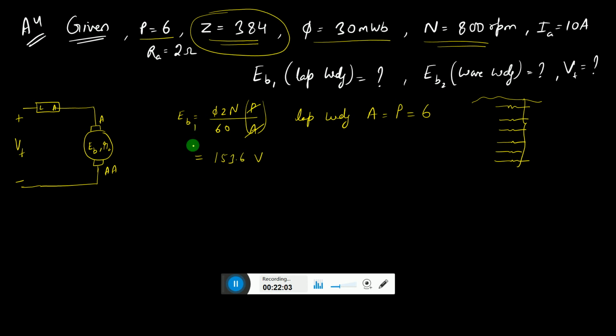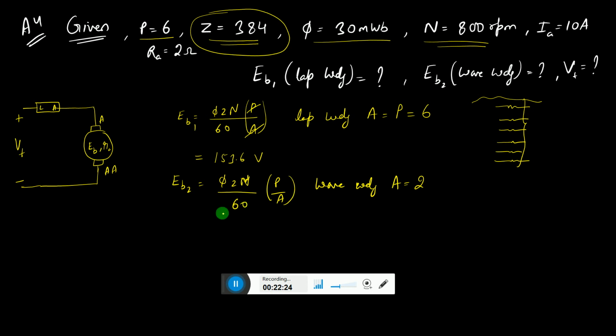Now Eb2 is given as phi Z N, here also P by A divided by 60, and for the wave winding the value of A is always 2, irrespective of the number of poles.